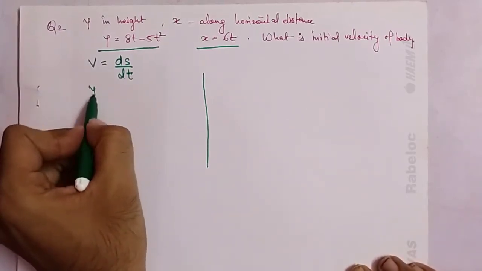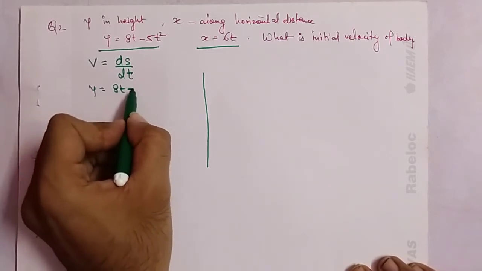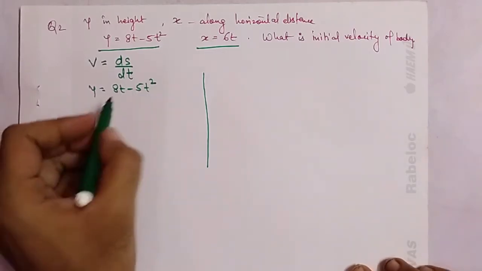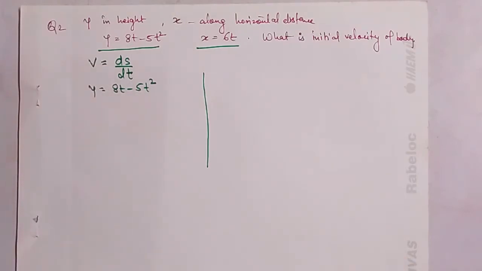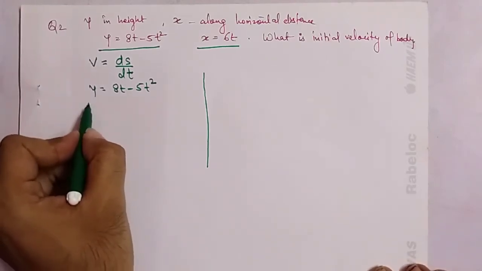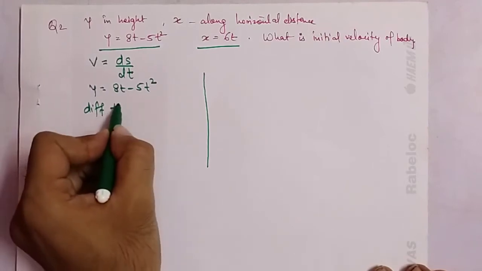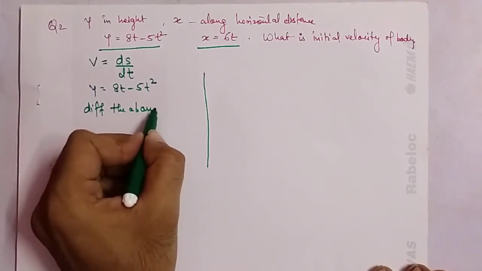So let's write it, y equal to 8t minus 5t square. Now if I differentiate this whole term, we will get the rate of change of displacement in the y-axis. So let's differentiate the above relation.